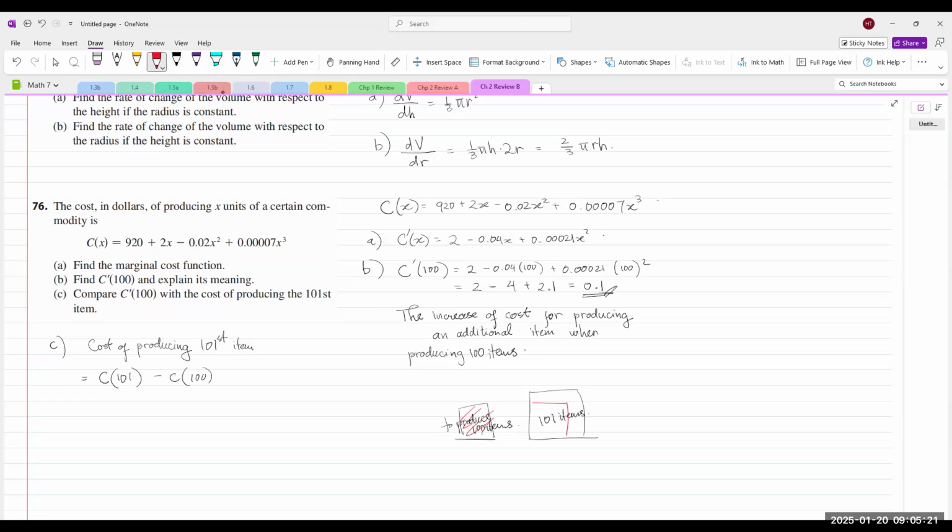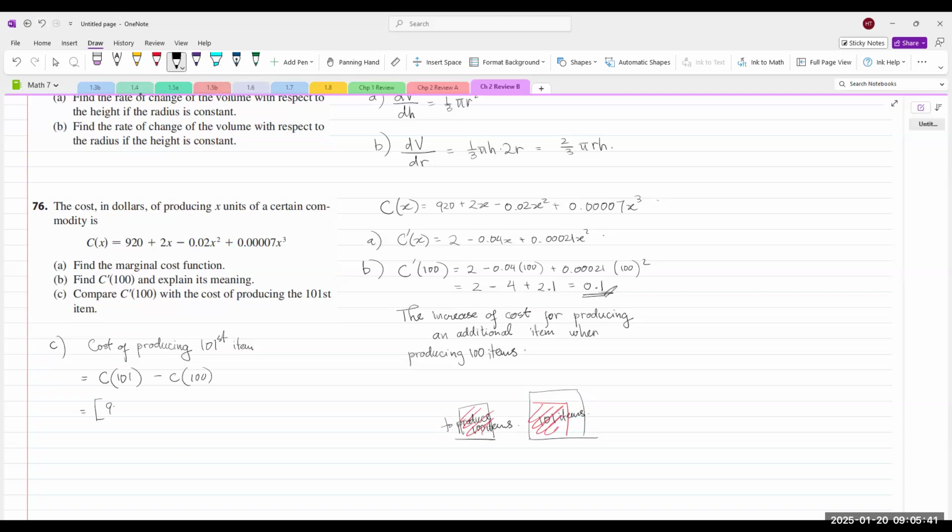If you copy this in here, this will be the extra cost to produce that additional item. And that is basically by plugging in numbers. Let me do it this way.